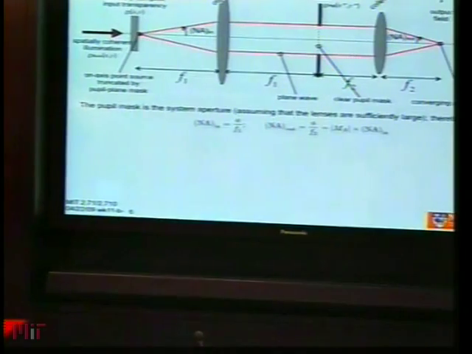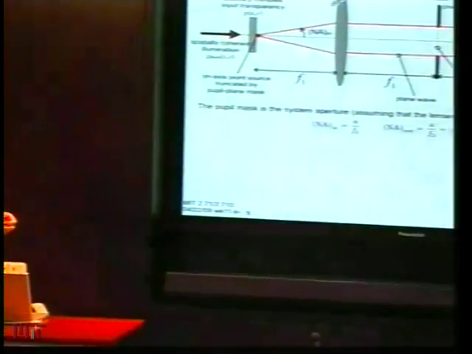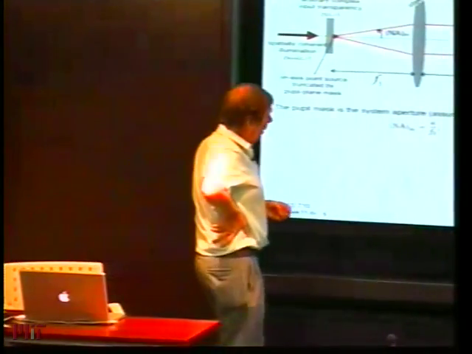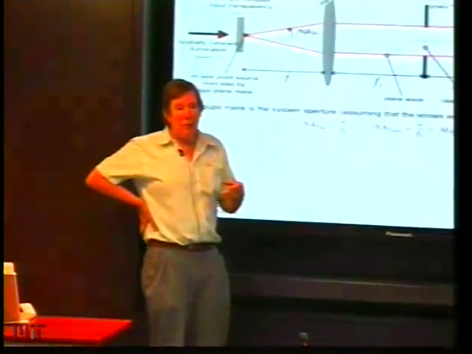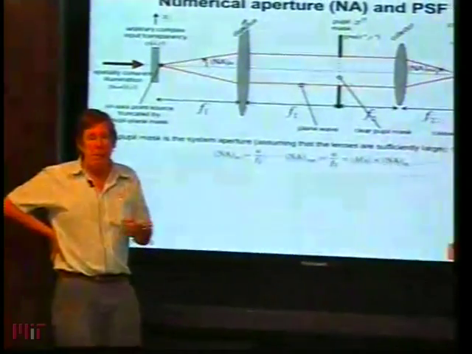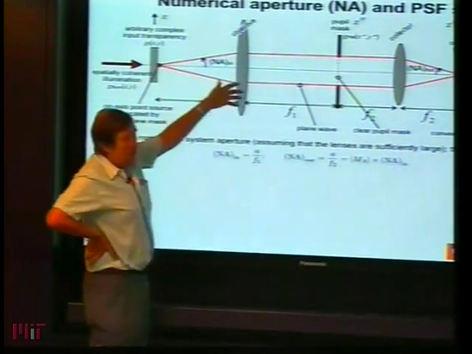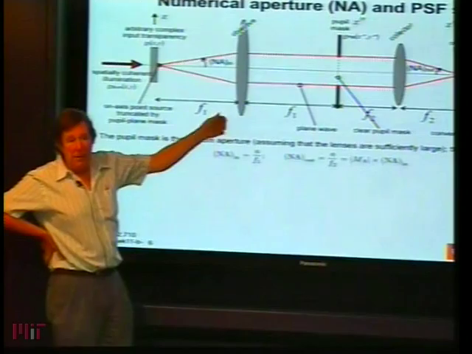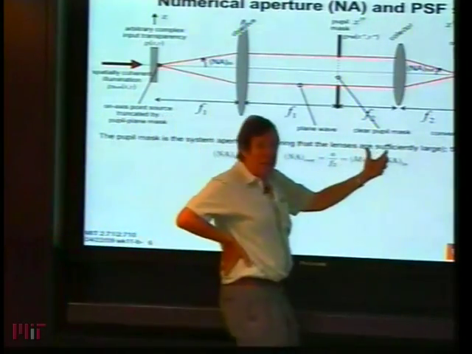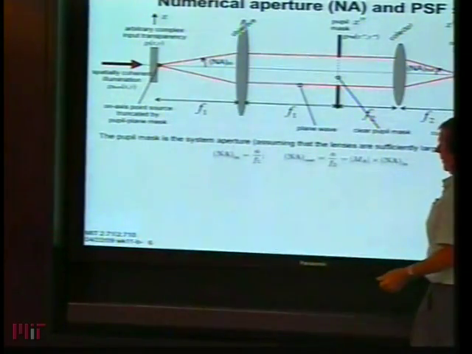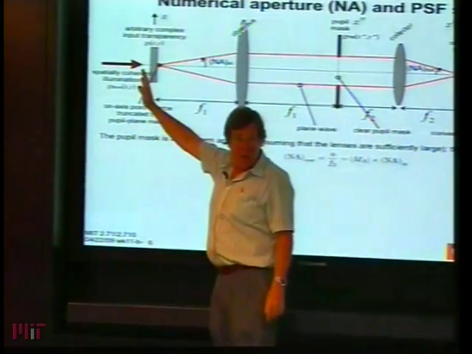Actually, we're well used to the fact that rays of light go equally well in both directions. So we could use this same ray diagram to look at what happens if this was the object and this was the image.